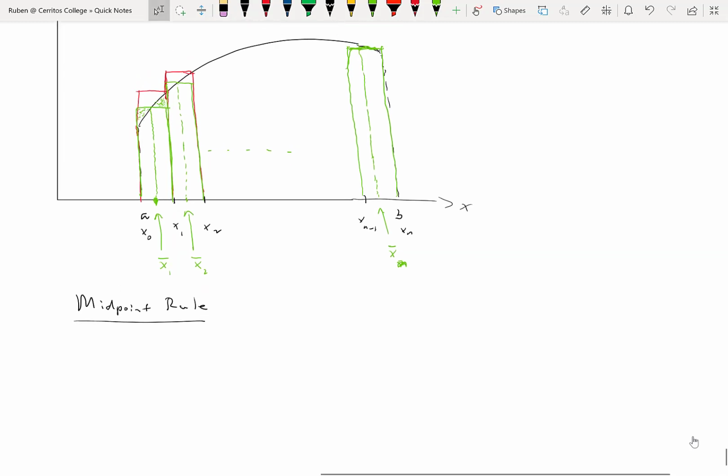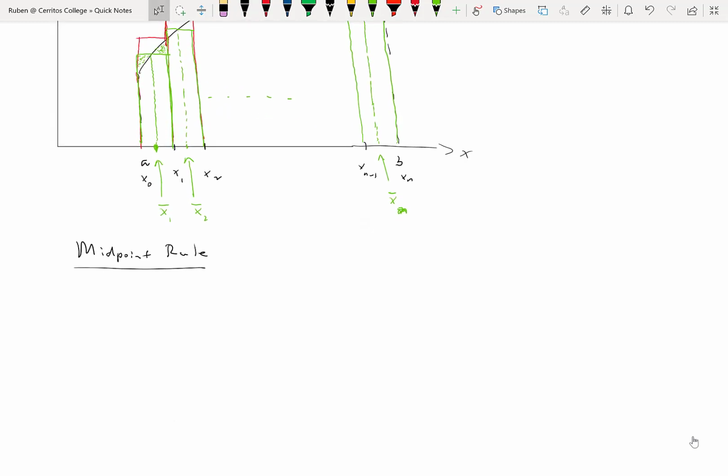The midpoint rule says that the integral from a to b of f of x with respect to x is approximately the midpoint rule with n subintervals, M sub n, and that's equal to the value of the function at x sub 1 bar times delta x, the area of the first green rectangle, plus the value of the function at the second midpoint times delta x, plus all the way up to the end, the value of the function at x sub n bar times delta x.